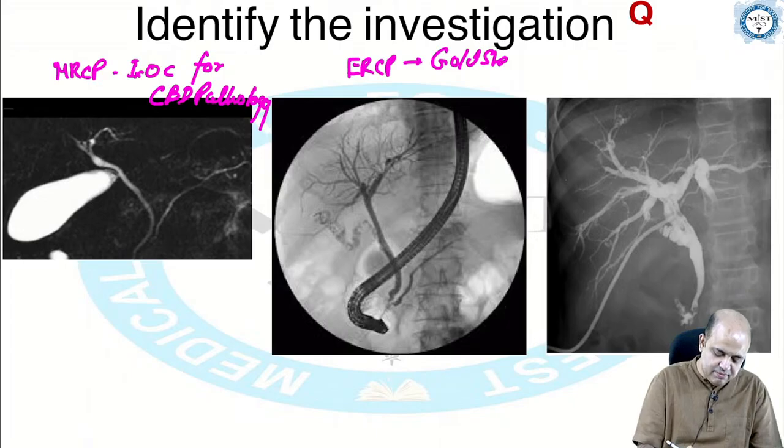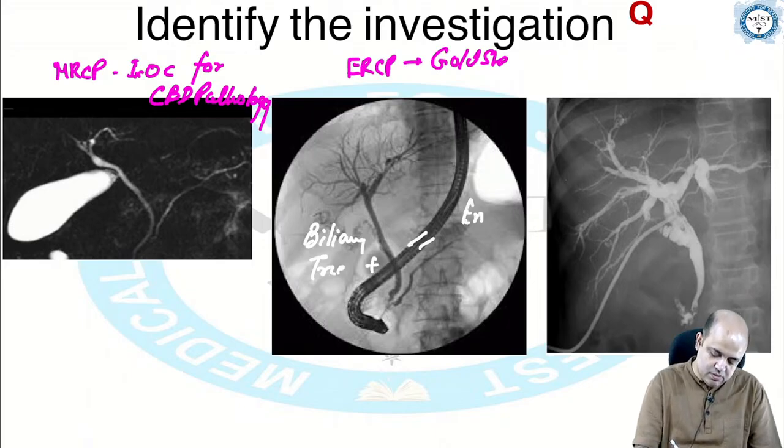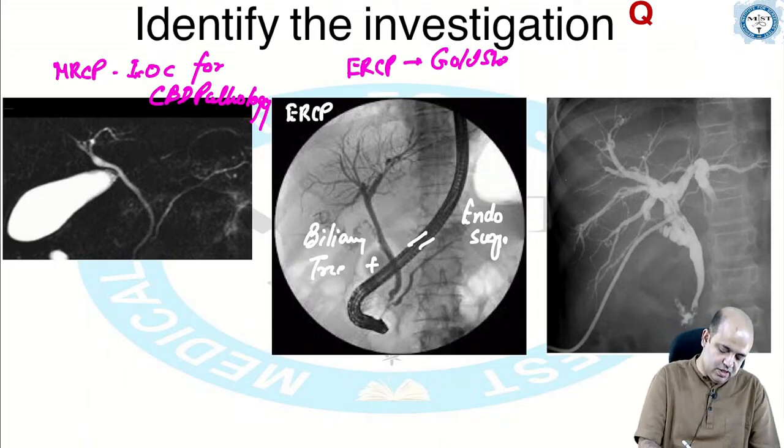We see the biliary tree plus the endoscope. This is an ERCP image. This is an MRCP image.